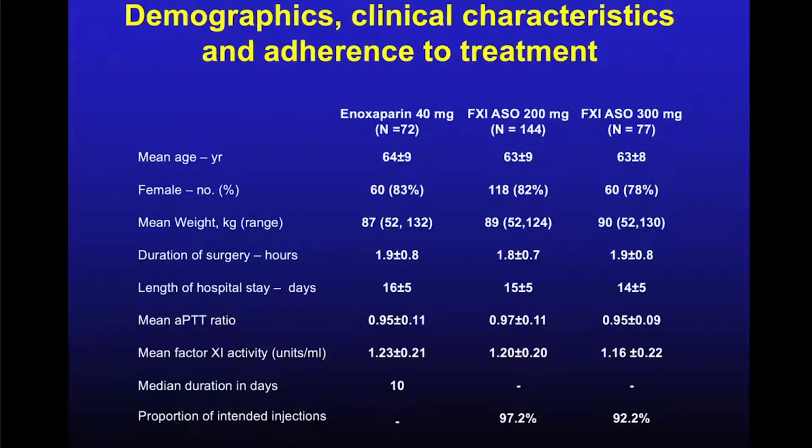In this study, which was published in 2015, we compared in the classical model of knee surgery, enoxaparin 40 milligrams, 72 patients, and then a dose of 200 milligram antisense and 300 with the numbers there. The rest of this slide basically is to illustrate that these groups were comparable.